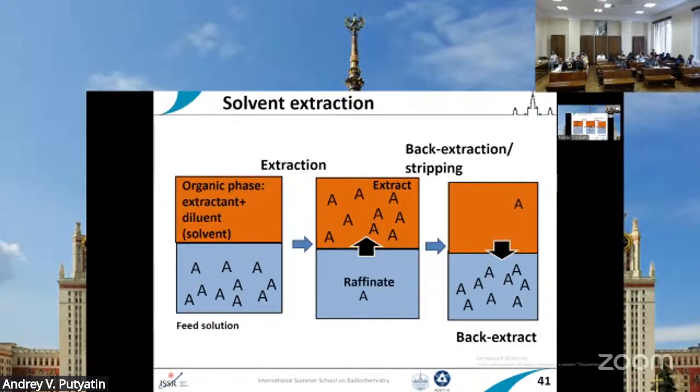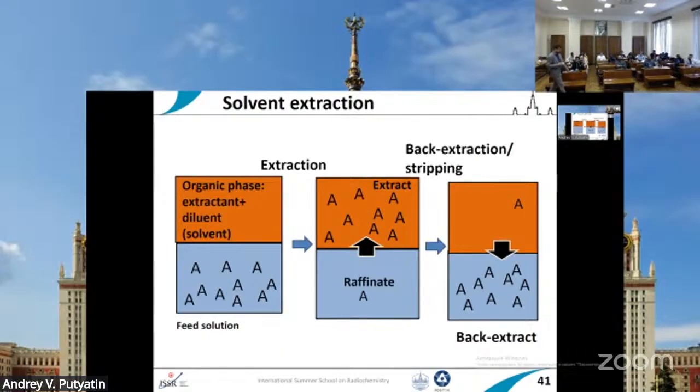So our initial solution we call the feed solution, and our organic phase contains the extractant, our selective organic molecule, and a diluent or solvent. After the extraction, we have the organic phase that is called extract, and the rest of the aqueous solution is now called raffinate.